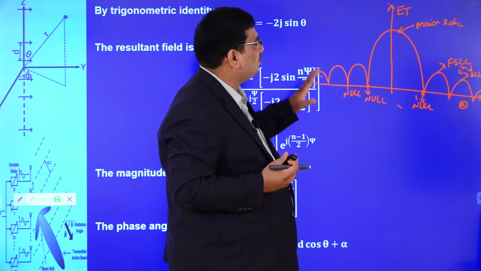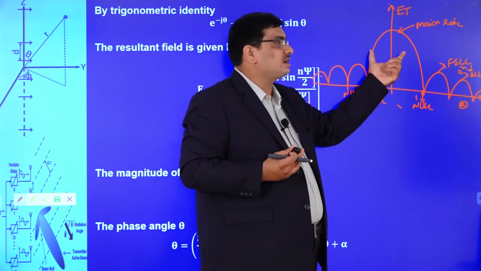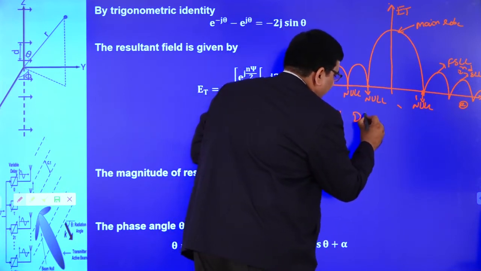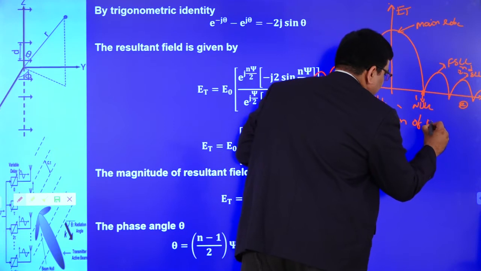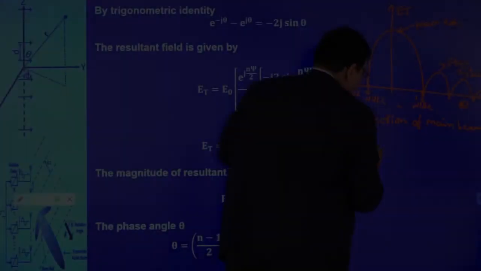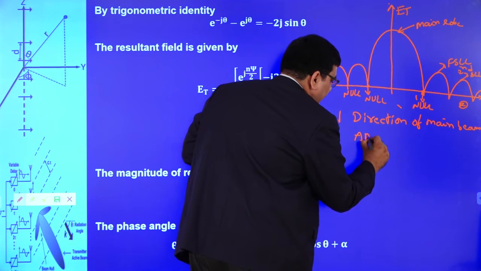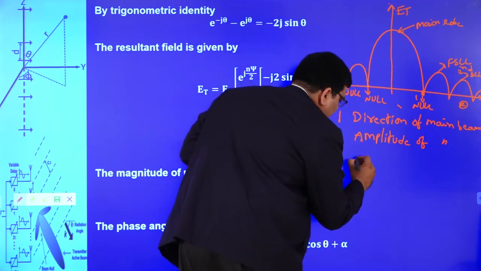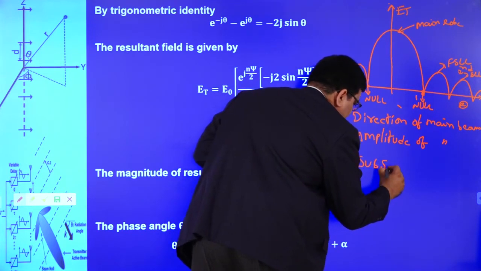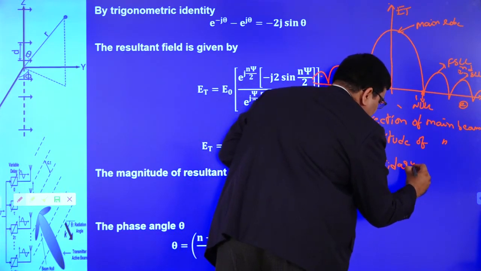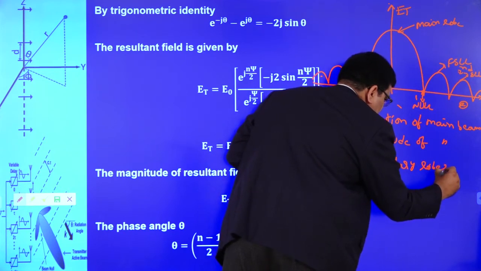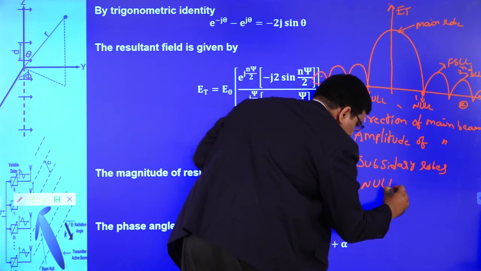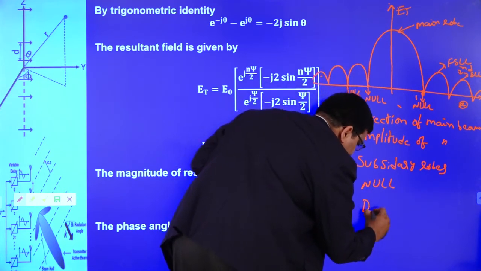First we have to find out the direction of the major lobe or main beam, and what is the amplitude of that main beam, and what are the subsidiary lobes, that is side lobe levels, and where we are getting the nulls, and what is our directivity.